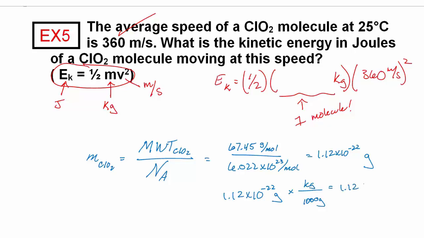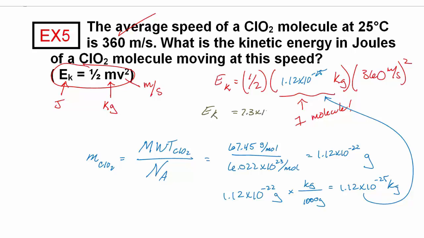I'll get 1.12 times 10 to the negative 25 kilograms. And that number goes up here. So after I plug everything in, I got my kinetic energy to be 7.03 times 10 to the negative 21 joules. A very small energy, but it's a very small molecule, even though it's moving pretty fast.